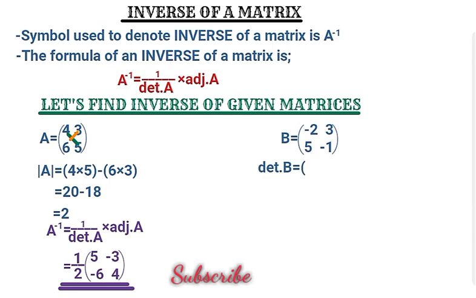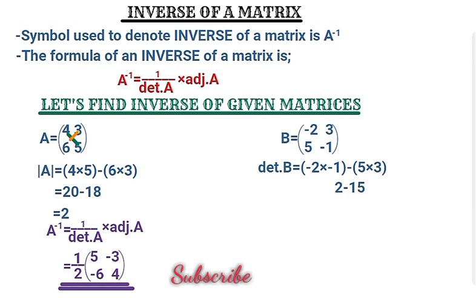So I'm going to say -2 multiplied by -1, minus 5 multiplied by 3. -2 multiplied by -1 will give us +2, from which we subtract the product of 5 by 3, which is 15.